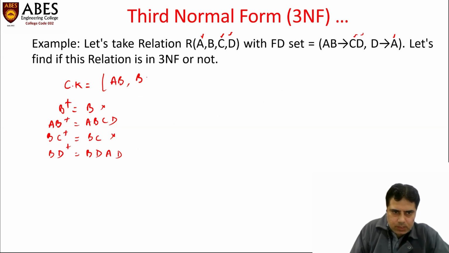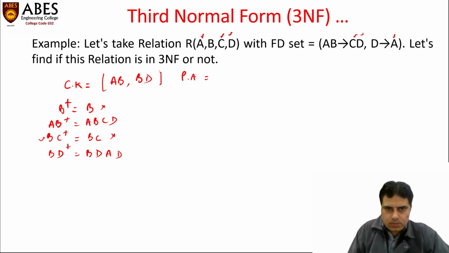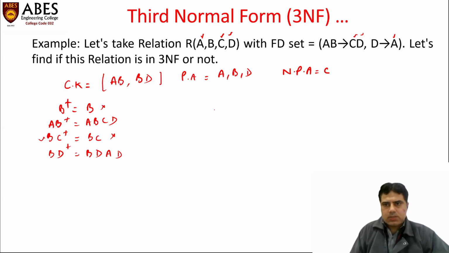So BD is also a candidate key. There is no further attribute left, so there will be no further candidate key. Now the prime attributes are A, B, and D, and the non-prime attribute is only C.